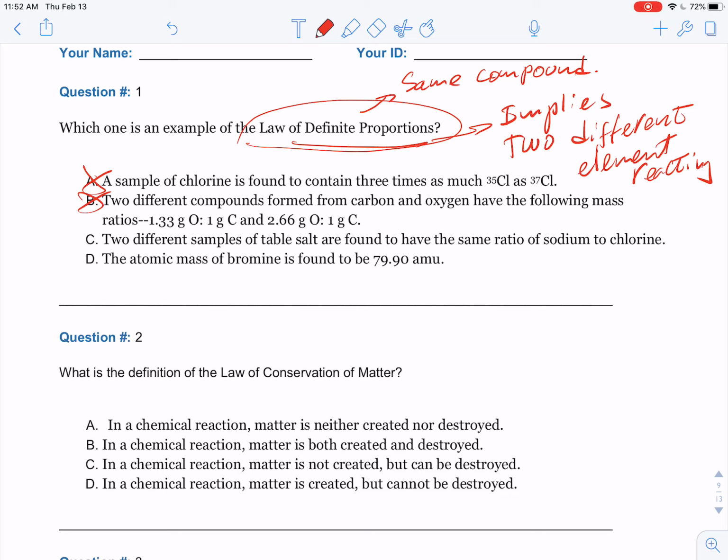Okay, so this is actually the answer, because the next one says the atomic mass of bromine is found to be 79.90. That's similar to the first one. This has to do with isotopes, and isotopes do not qualify for law of definite proportions in that sense. Different isotopes just have different masses, but you are not implying a reaction there. So law of definite proportions implies that there is a chemical reaction.